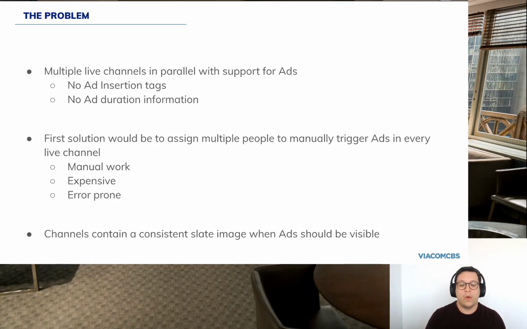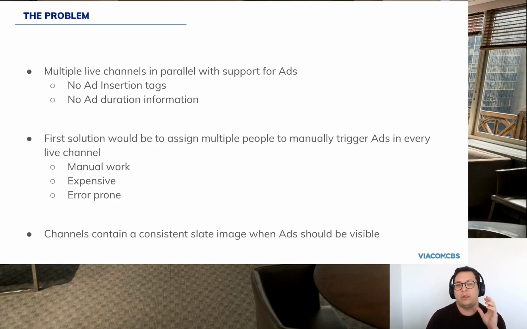One way that we could make use of these parts of the video that just have this slate for ad insertion would be to allocate multiple people to work on this, watching the stream online and coordinating via manual triggering.